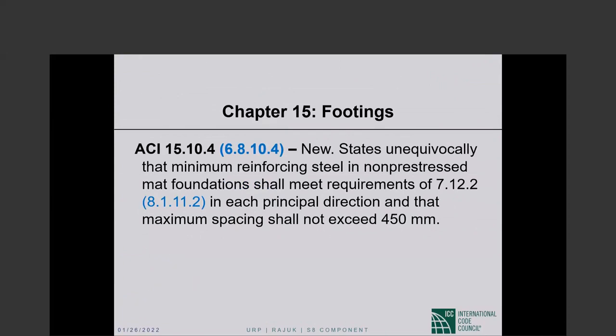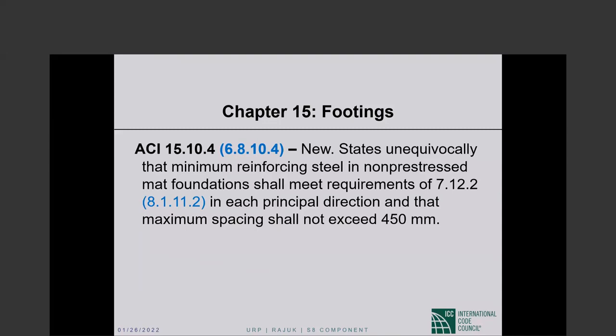Section 15.10.4 of ACI 318, your 6810.4, states unequivocally that minimum reinforcing steel in non-prestressed mat foundations shall meet requirements of 7.12 in each principal direction, and that maximum spacing shall not exceed 450 millimeters. So we got infinity of questions.